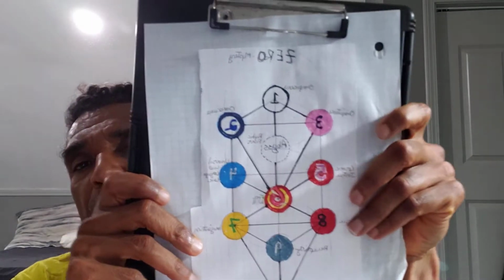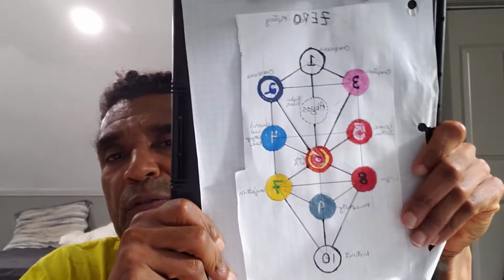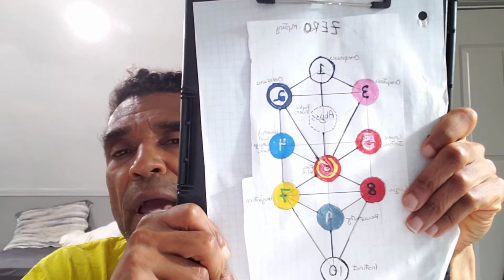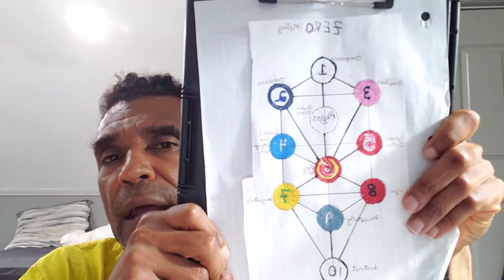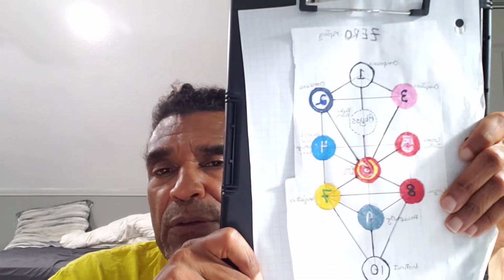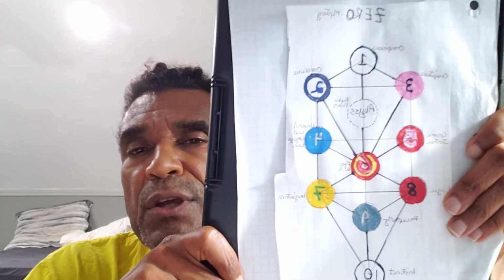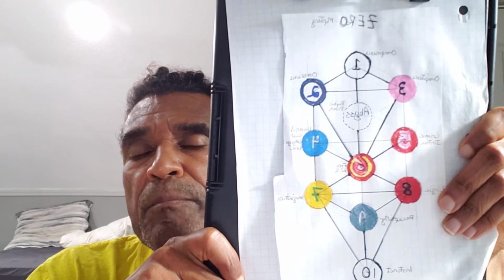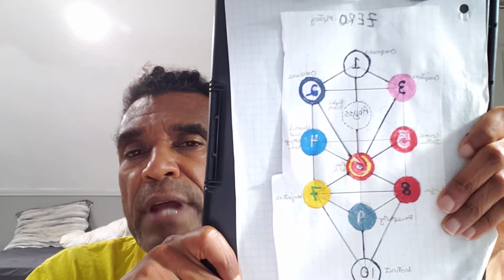So that's what we are focusing on for this first unit on this channel, the tree of life. And I will be doing 144 separate videos on different aspects of the tree that I've arrived at.